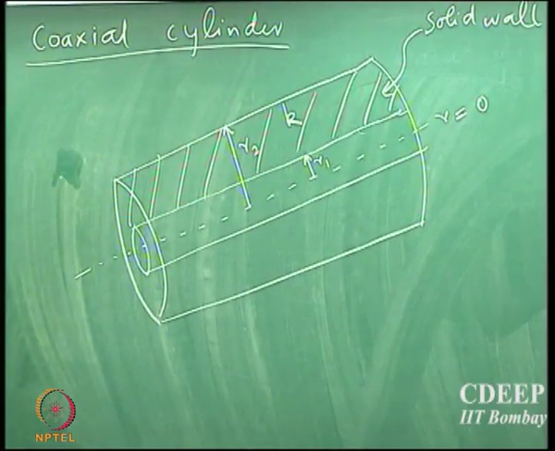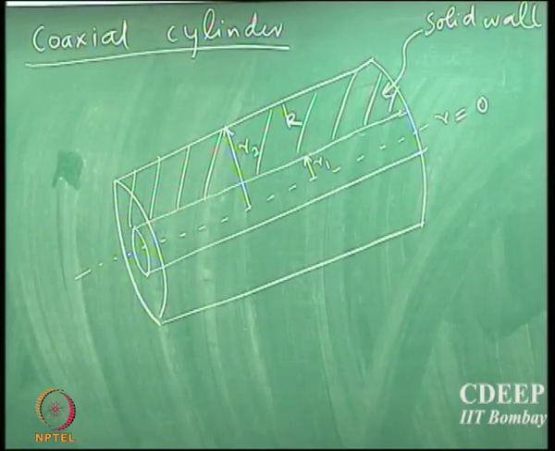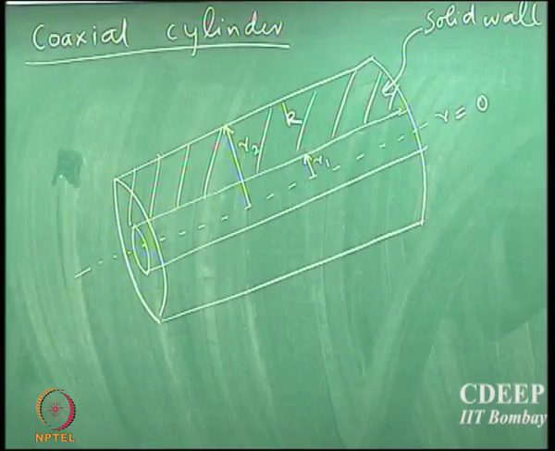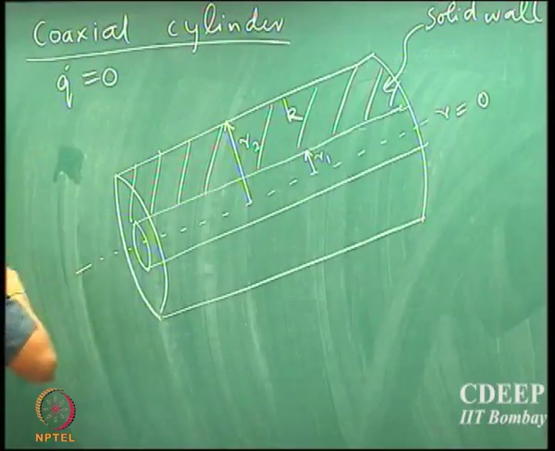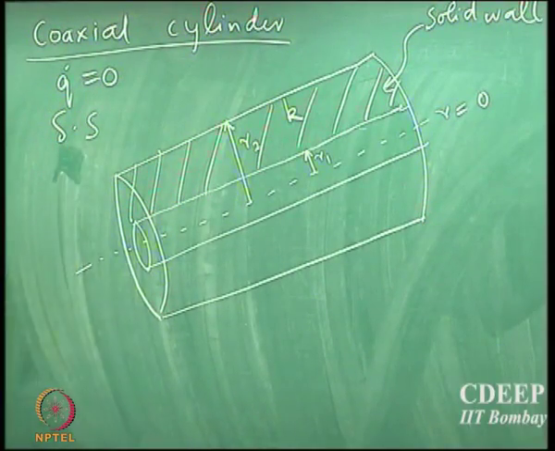And so what is the model equation? Supposing we assume that Q dot is 0 and steady state condition, what is the model equation? It is del square T is 0, right.